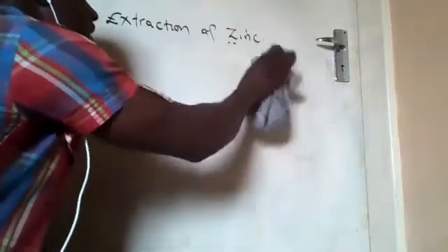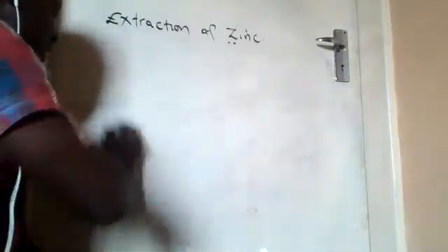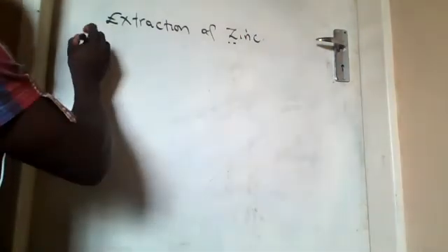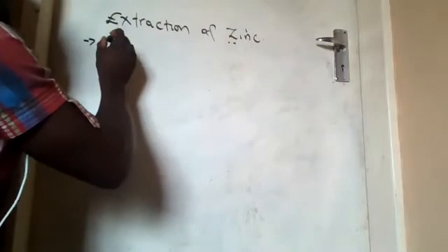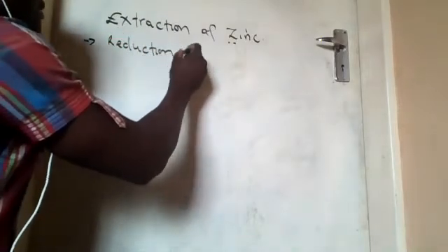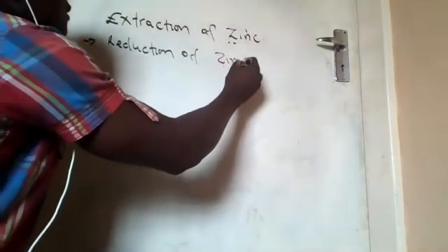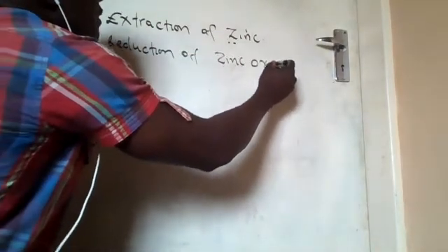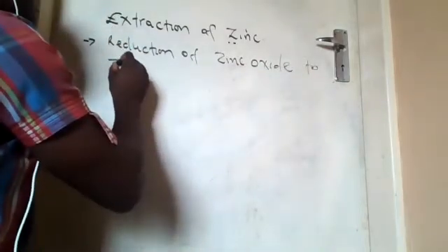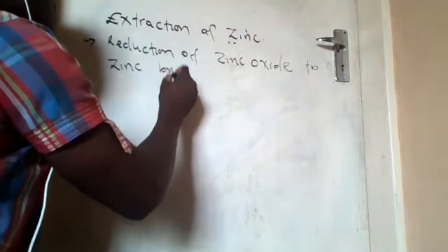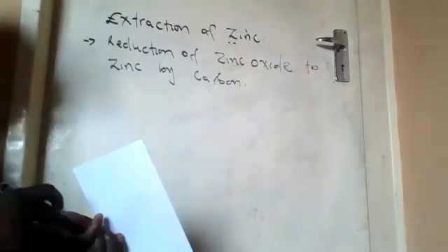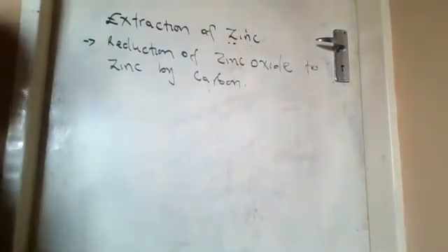And that is the second and last stage that is involved. So stage number 2 is now a reduction of zinc oxide to zinc by carbon, because that is the method that is used.